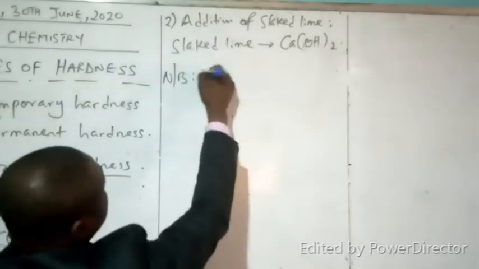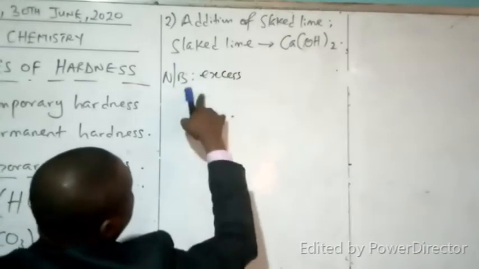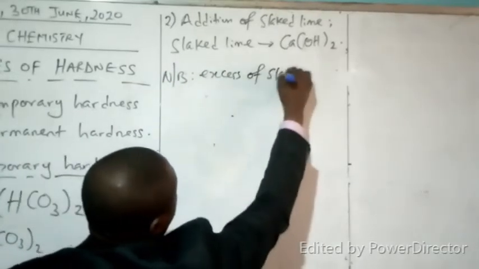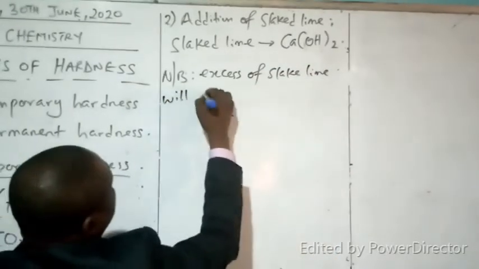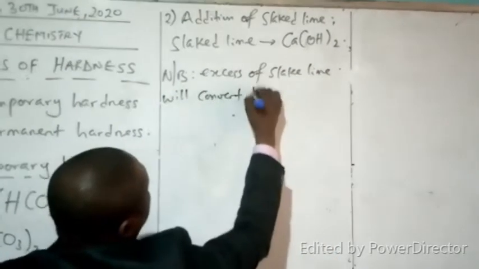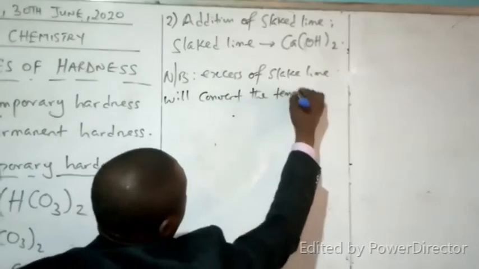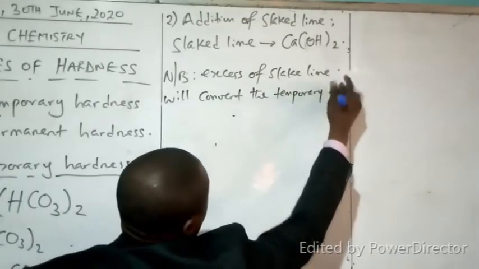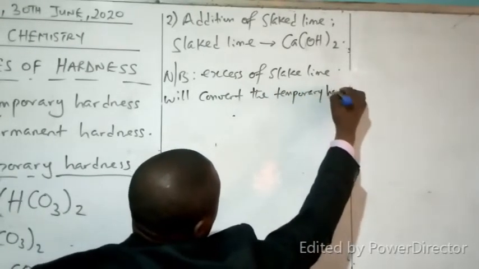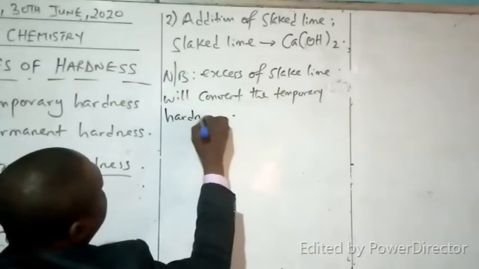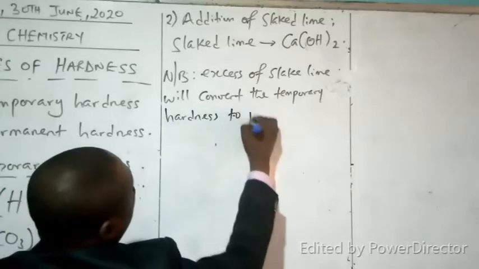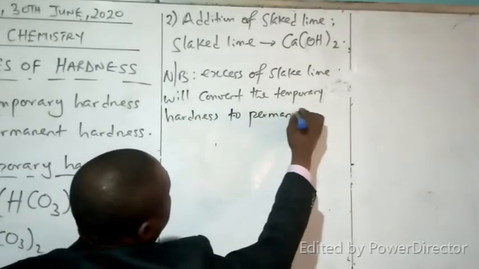So if you add excess of slaked lime, we will convert the temporal hardness to permanent hardness.